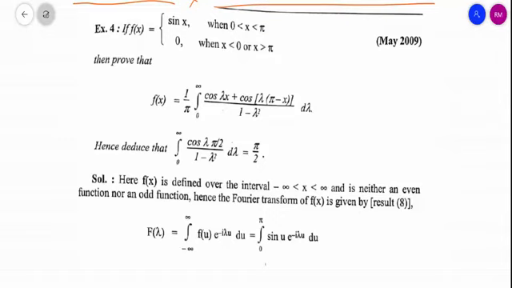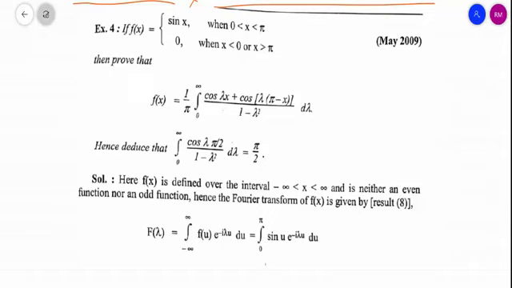So since this function is described on 3 different intervals, before 0 and after pi, this function gives the 0 value. This function gives a non-zero value, described as sin x, only if x lies between 0 to pi.